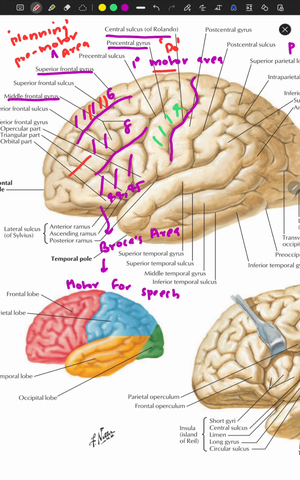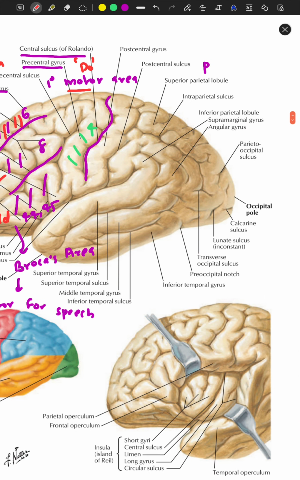The middle frontal gyrus is concerned with the frontal eye field.